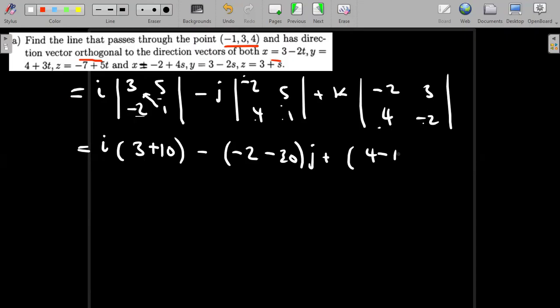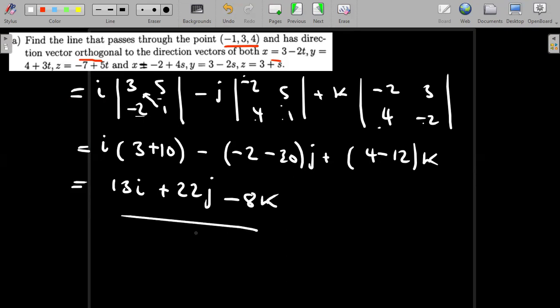So minus 12 here, and then K. So this then gives me 13I. And then here I'll have a positive 22 J. Then the other one is going to be negative 8 K.